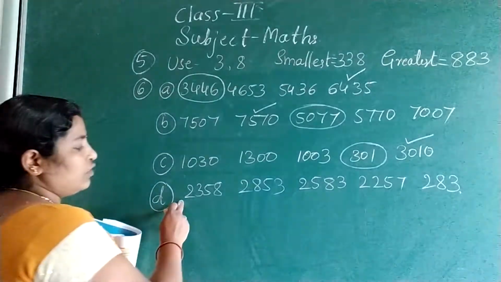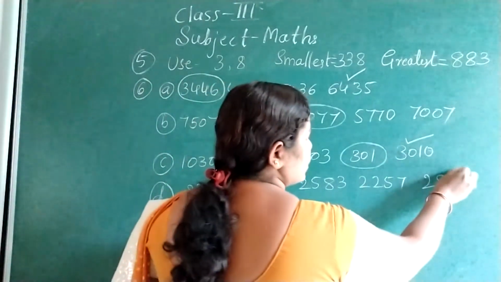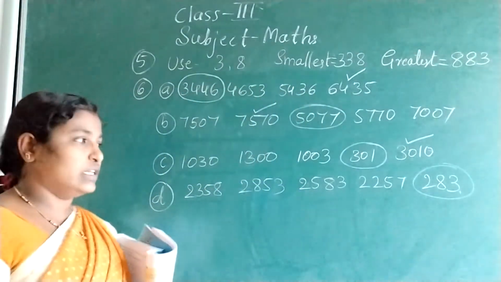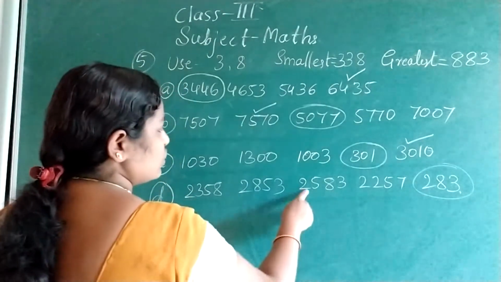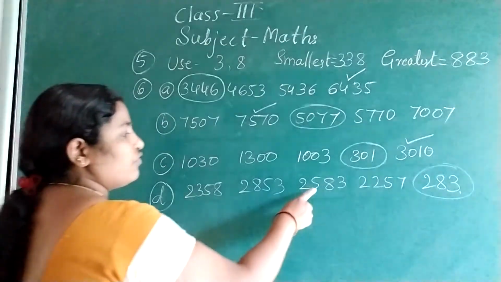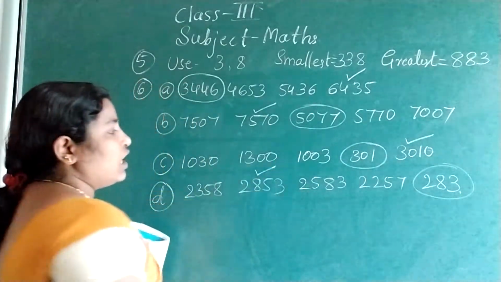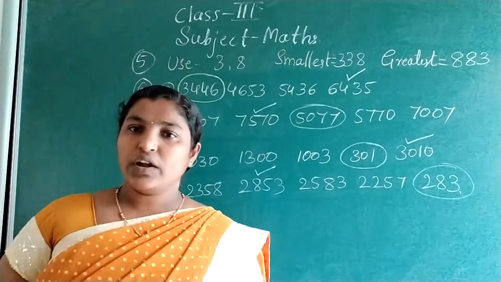Again check it here. 4 digit, 4 digit, 4, 4, 3 digit. So this is the smallest one, so circle it. Then check the greatest. 2000, 2000, 2000, 2000. Then 300, 800, 500, 200. So 800 is the biggest one. So tick it. Got it?